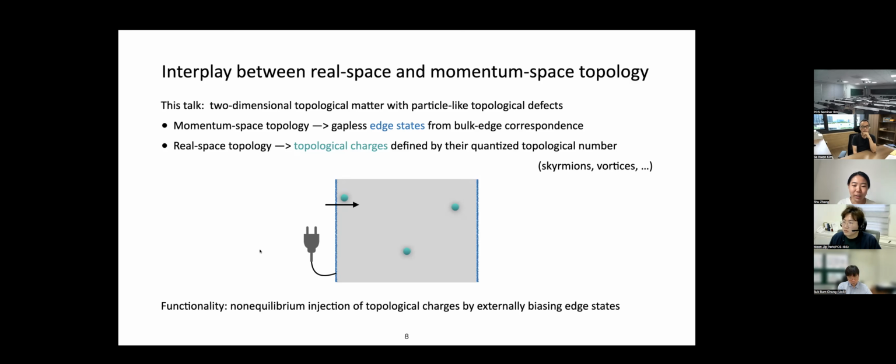So in the rest of this talk, I will explain to you that this edge state can perform as an interconnect where external bias acts through it on the bulk charges, so that it assists in injection of topological charges.